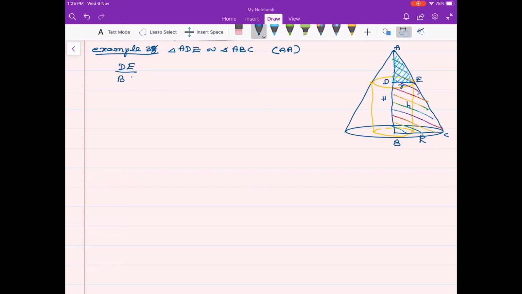DE corresponds to BC is equal to AD corresponds to AB. Don't write DB. DB is not the side of the triangle. DE length is r divided by capital R is equal to AD, which is capital H minus small h, divided by AB length, which is H. Therefore, h is this.